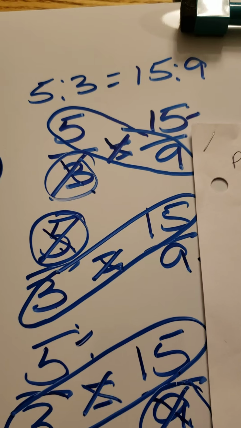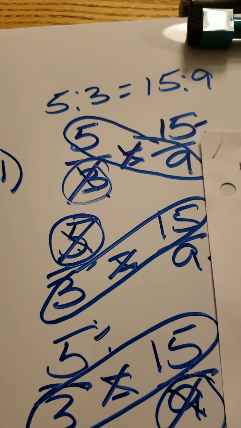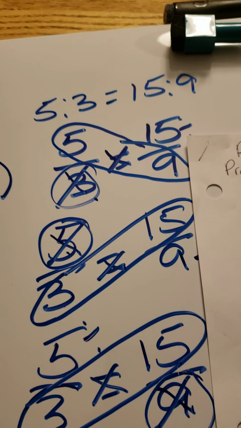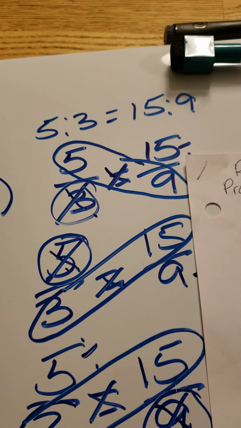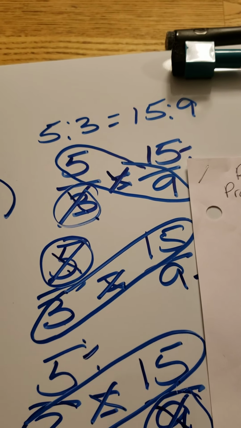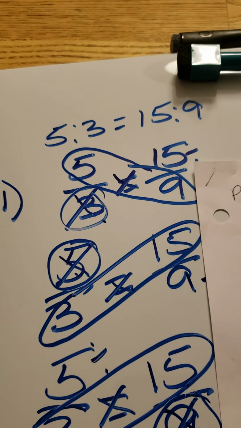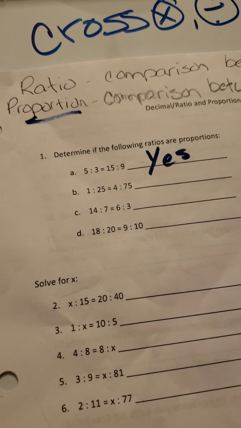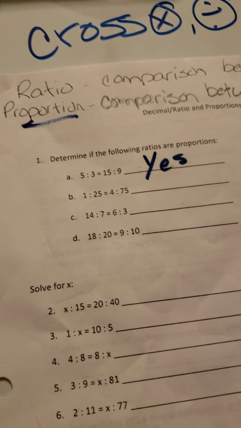If you get that number that we have hidden, then yes, it is a proportion. They are equal. If you do not get the number we have hidden, then no, it is not a proportion. It is just a ratio. So the answer for number 1A is yes. It is a proportion.